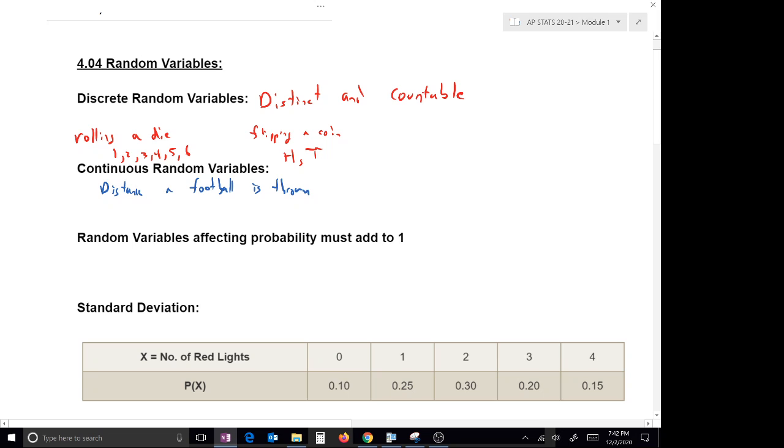It's not just either 5, 10, or 15 yards. It could be 5.5 or 10.1 or 16.0034, etc. It is a continuous list. And that's the difference between discrete and continuous random variables.